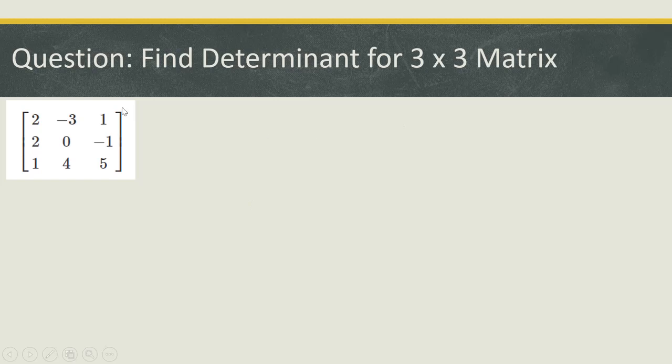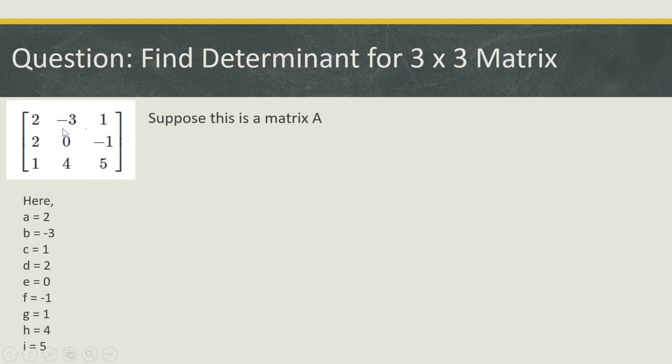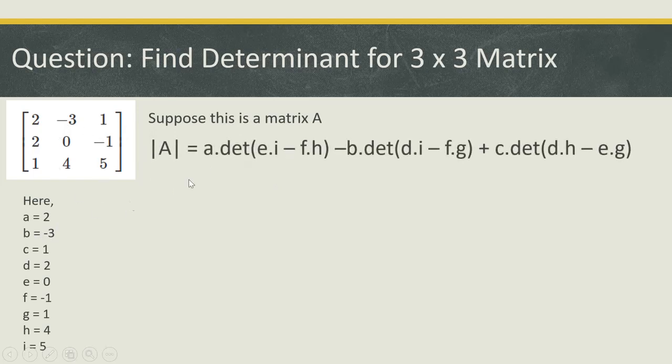Now suppose this is a 3 by 3 matrix. Here the value of A would be 2 and B would be minus 3. Similarly I have listed them here. So, assume that this is a matrix A. Then the general formula for a 3 by 3 matrix would be A times (EI minus FH) minus B times (DI minus FG) plus C times (DH minus EG).